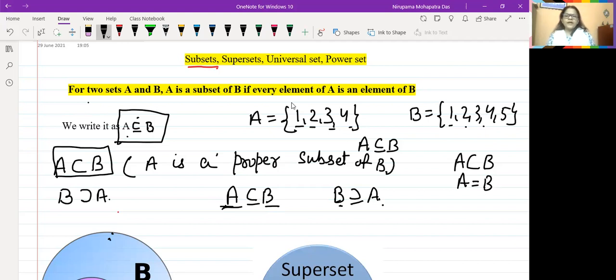Is it clear? That is all about subset and proper subset, superset and proper superset. We'll take some examples also.